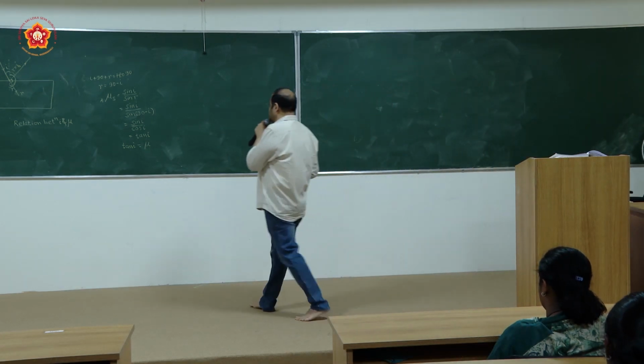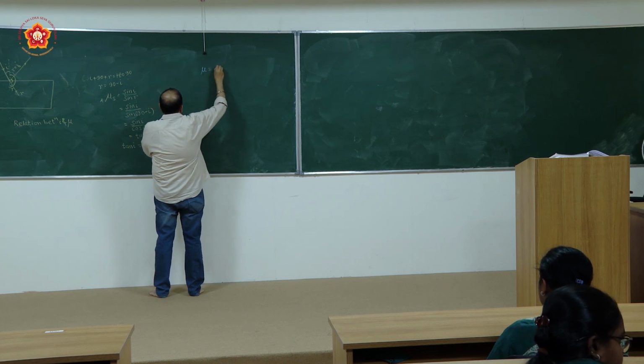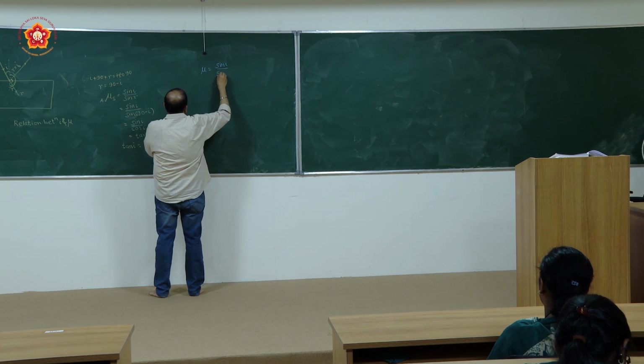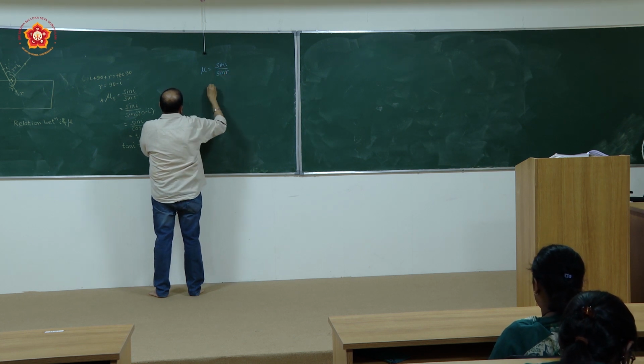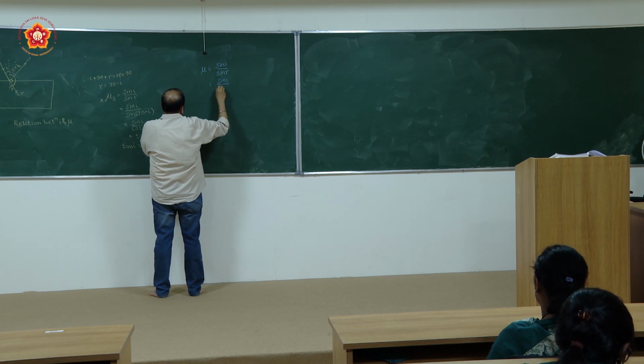Okay, so we will have the refractive index is equal to sin I upon sin R. So you will be able to write sin I divided by sin of I by 2.